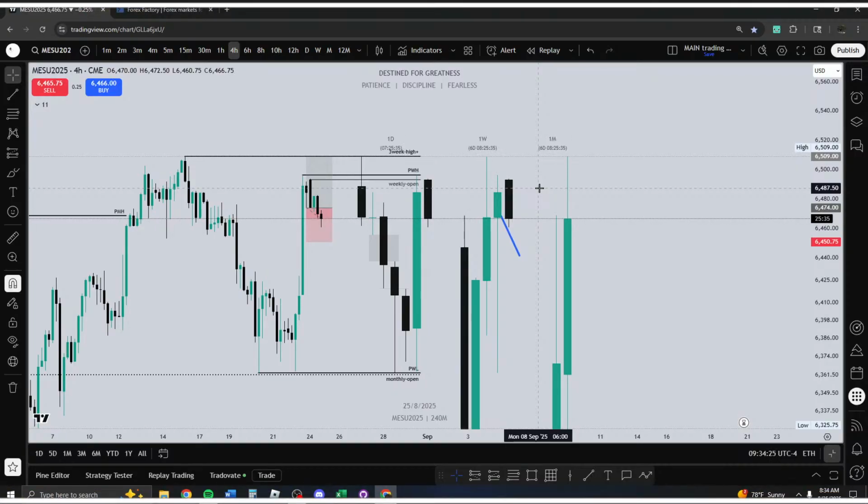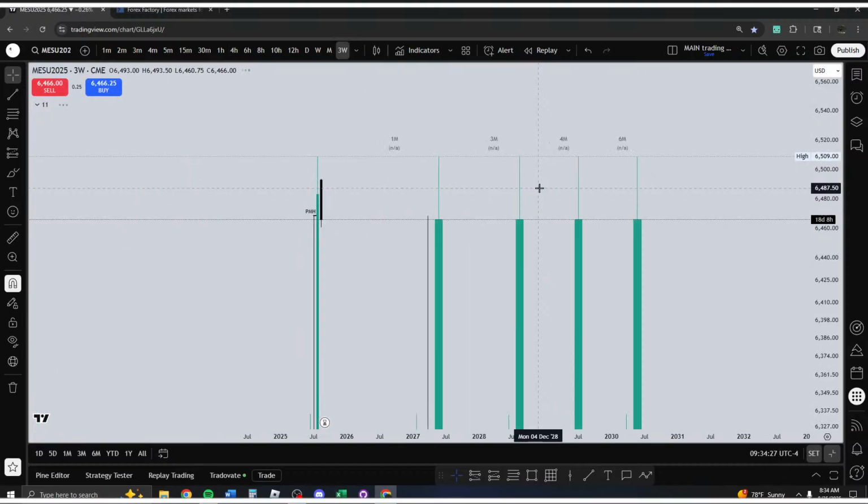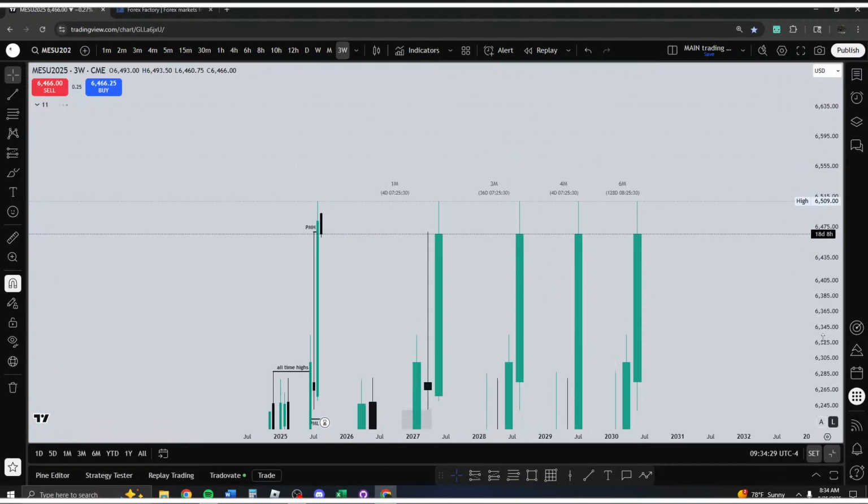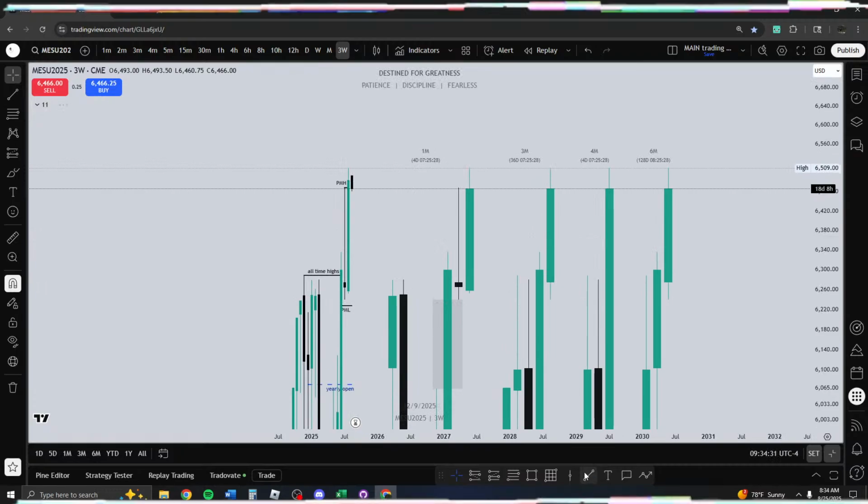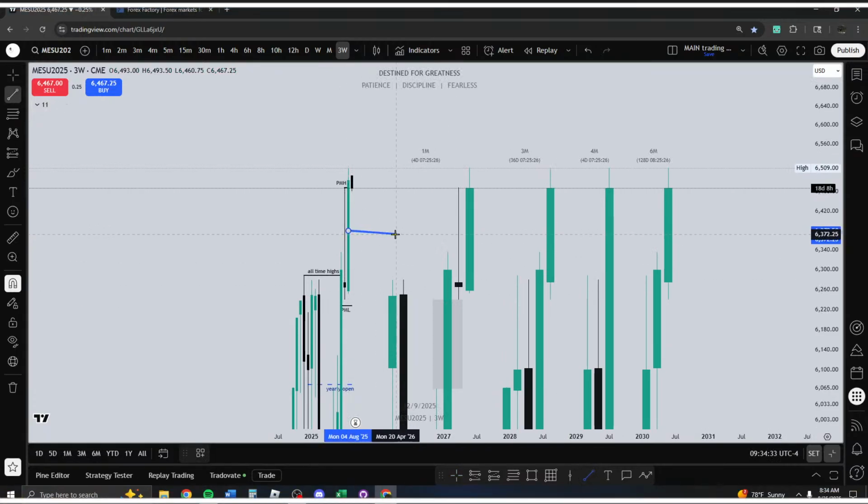So let's take a look at the 3-week candle. That candle right here is a 3-week candle. And with the way that we closed on the 3-week candle, I can anticipate the same idea.